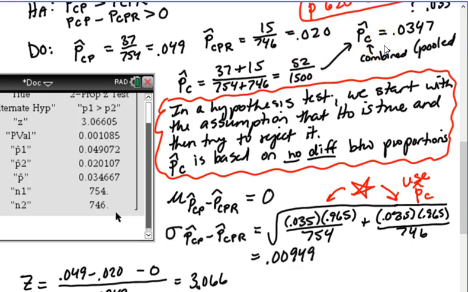Well, the reason we do that is that in a hypothesis test, we start with the assumption that the null hypothesis is true and then try to reject it.